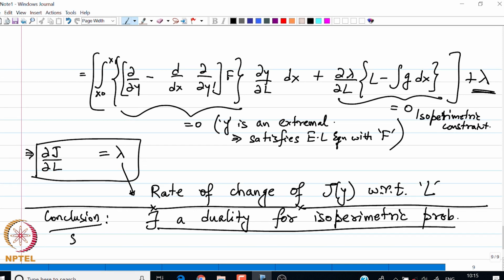Suppose that my Lagrange multiplier lambda is non-zero.